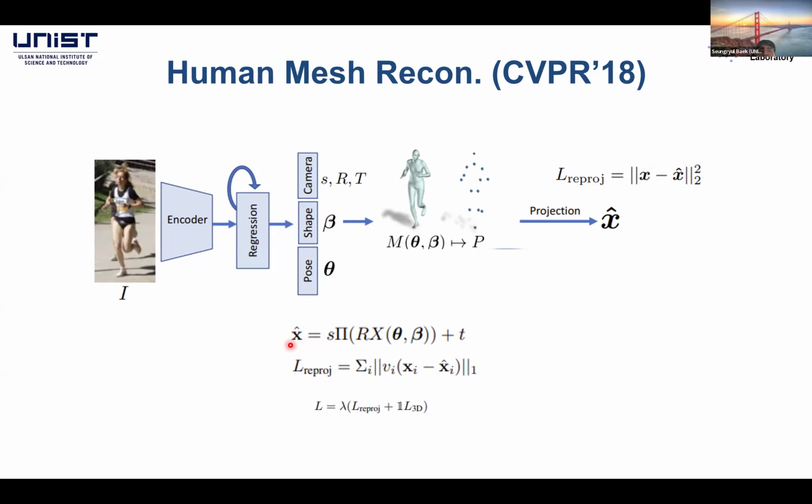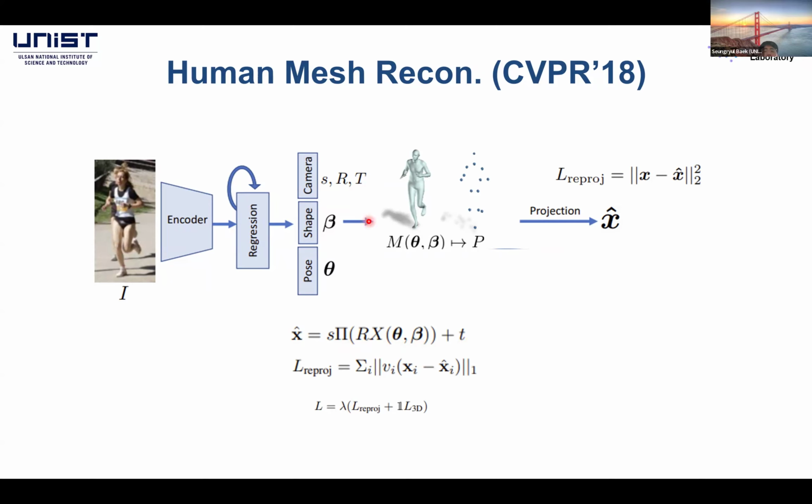So anyways, this X hat, which is the final output of this network, we can write in formula, their formulation. Which means from beta and theta and SRT, all of the remaining part is differentiable.